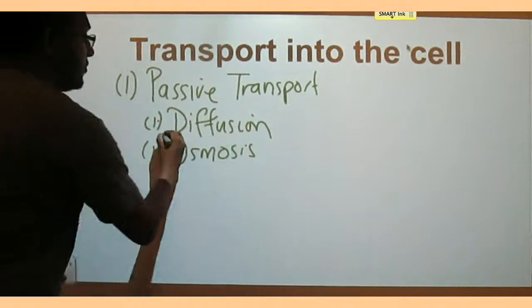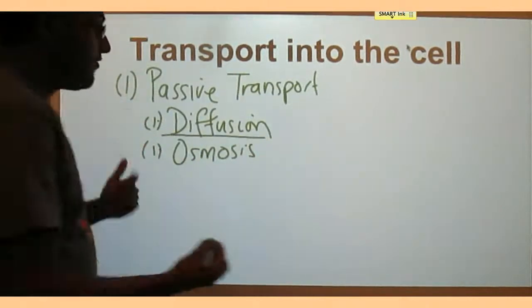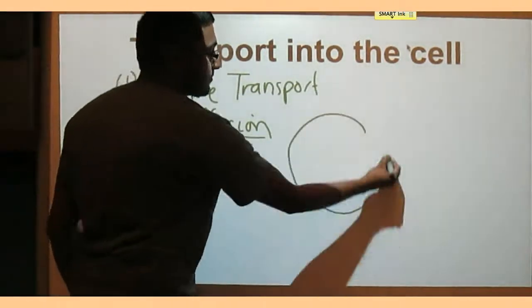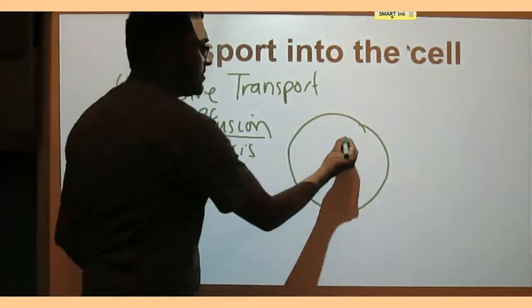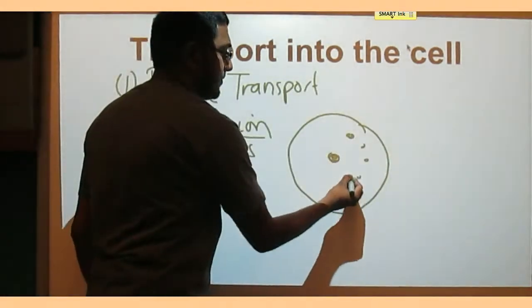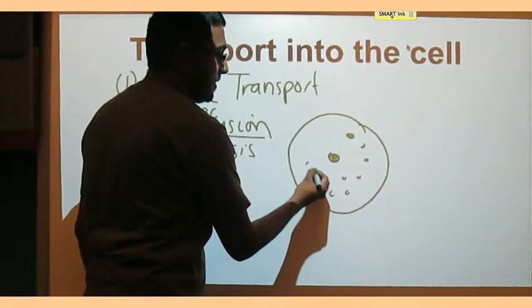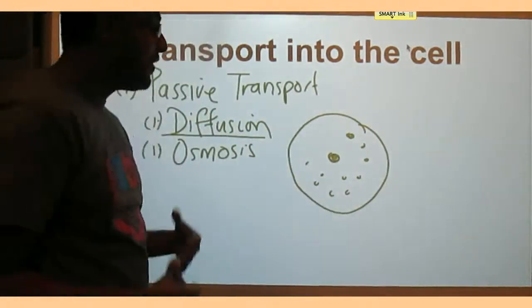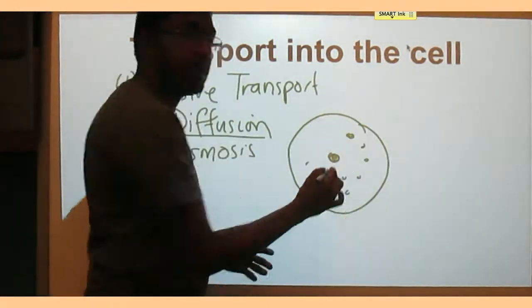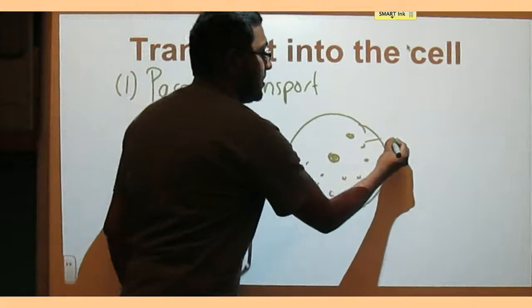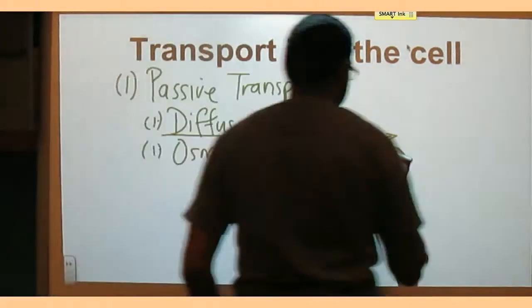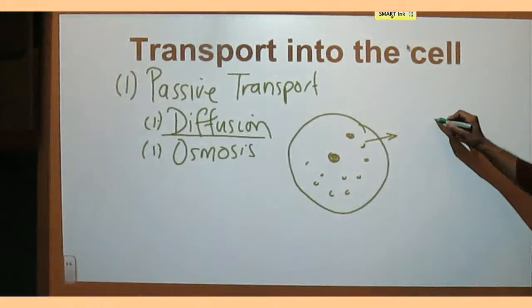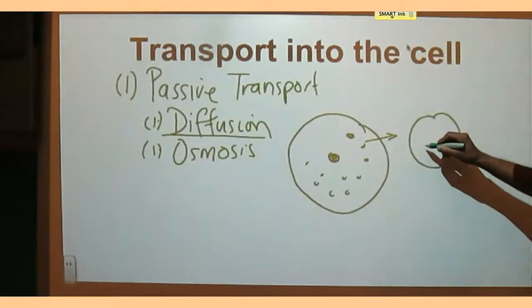So let's talk about diffusion first. If we have the cell, for example, and say there are a lot of solid particles, or solute, in the cell, eventually these particles will start to diffuse, or move out of the cell, so that you'll have a balance.